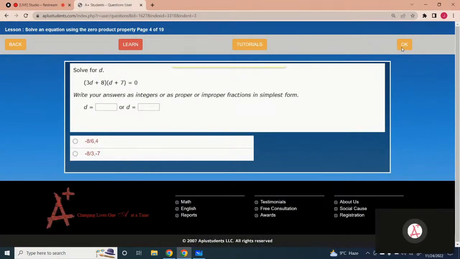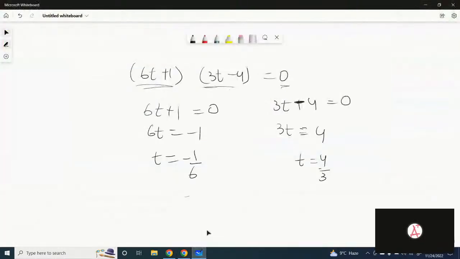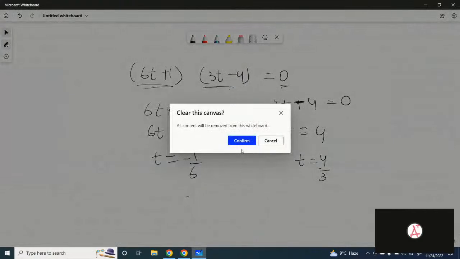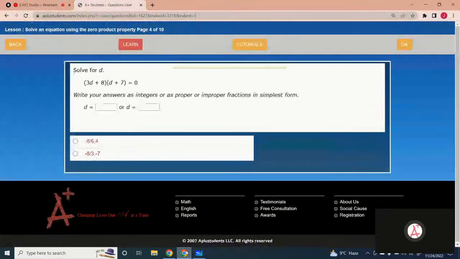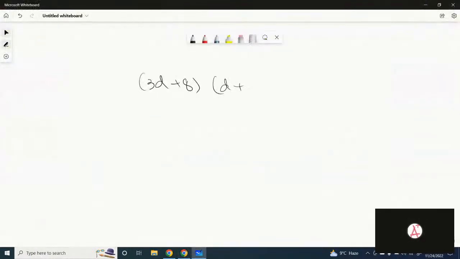Okay, the next one is 3d plus 8 and d plus 7.